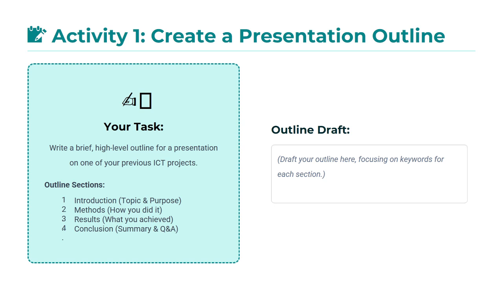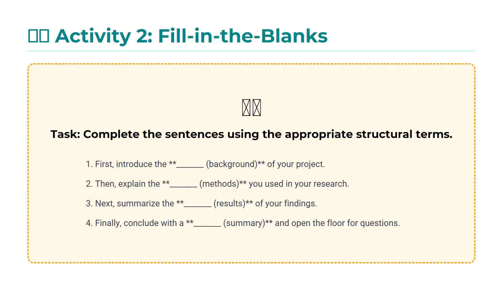In order to practice and understand, these are some activities. For the first activity, I want you to write a brief high-level outline for a presentation on one of your previous ICT projects. Include an introduction, the method, the results, and a conclusion.